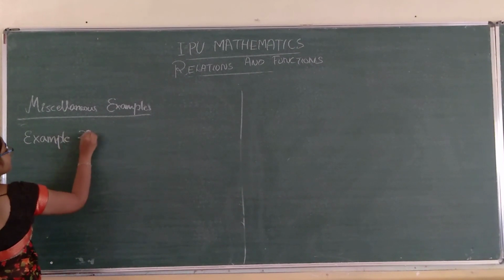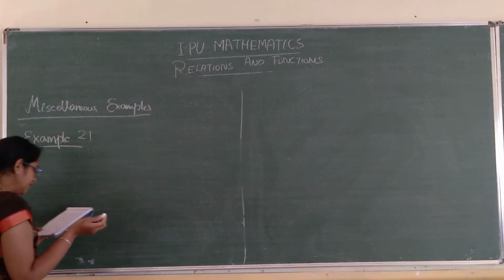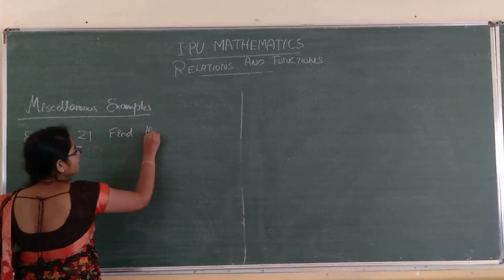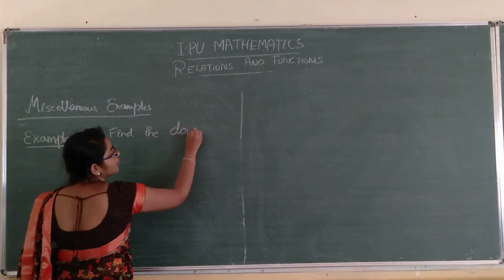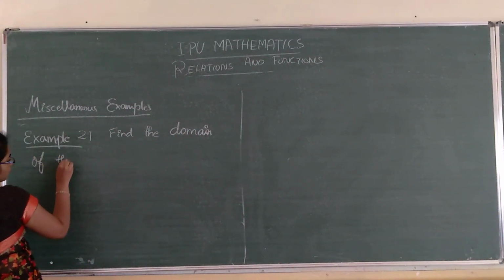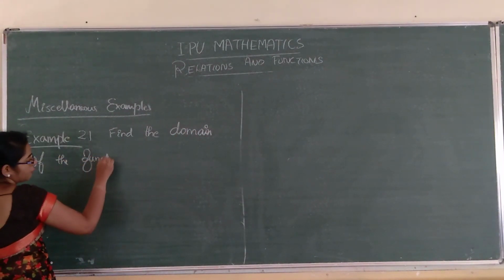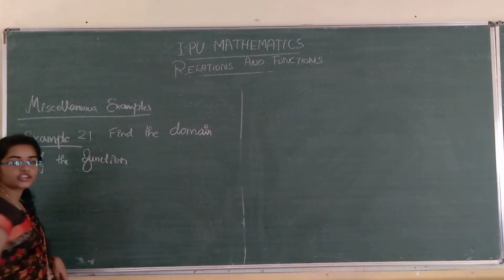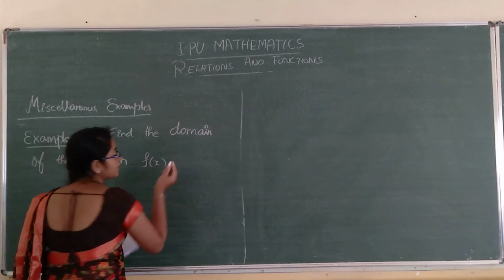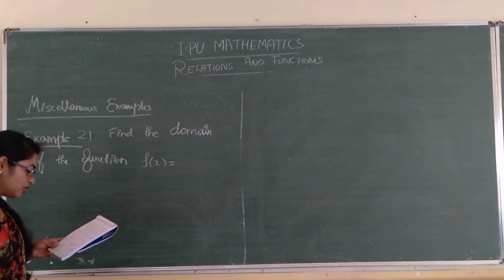Example number 21. Find the domain of the function f of x, which is a rational function.